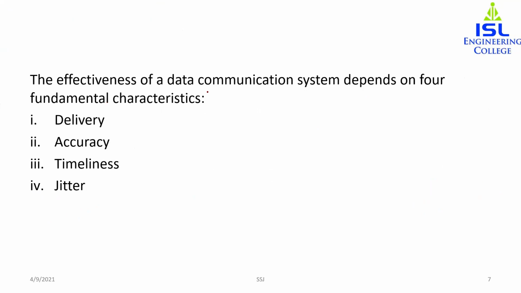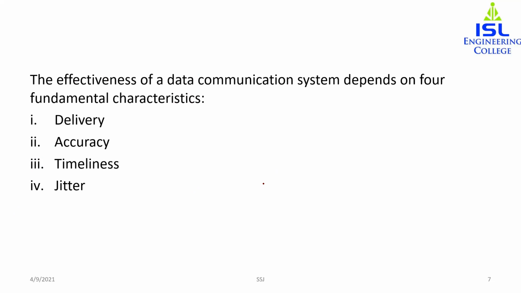Now, if two devices are communicating, there must be some kind of effectiveness. That is, there must be some kind of rules set up. The devices must communicate in such a way that there should be a correct transmission, and the data should be delivered accurately. Some part of data being delivered and some part not being delivered is not the correct way. And the data must be delivered in a timely manner.